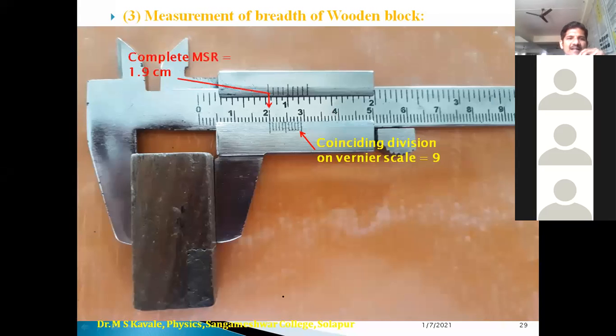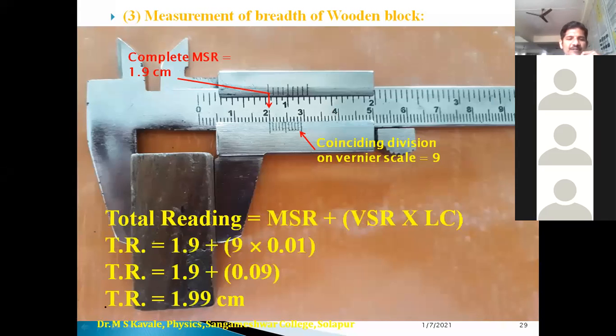Complete MSR is 1.9, and coinciding Vernier division is 9. Therefore, total reading is 1.99 centimeter.